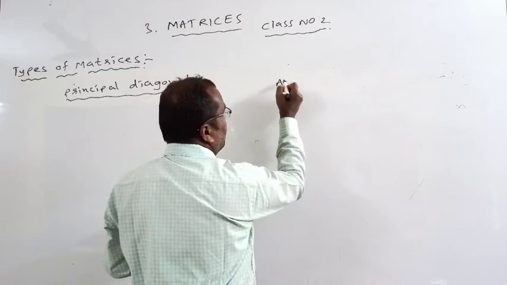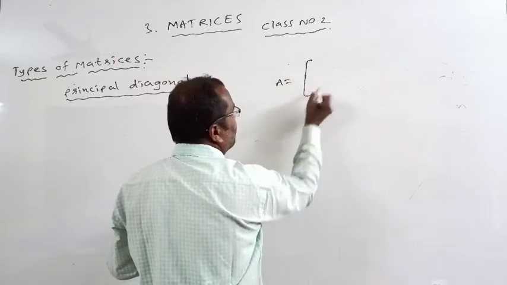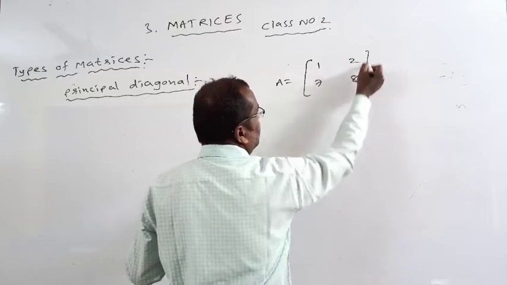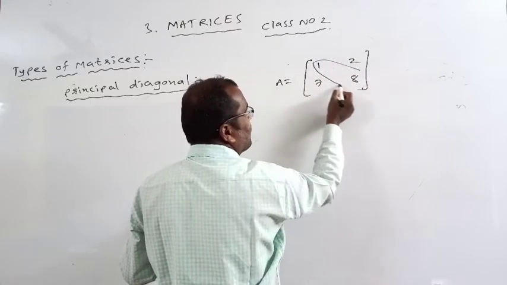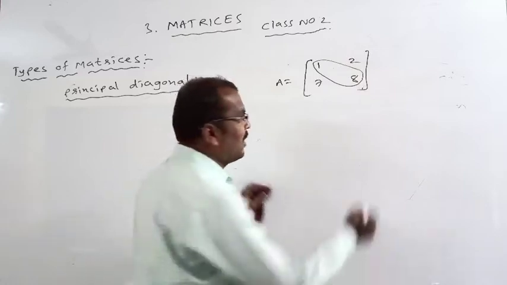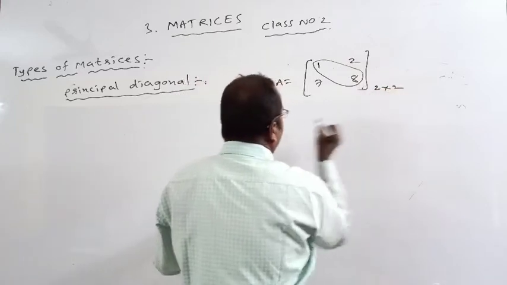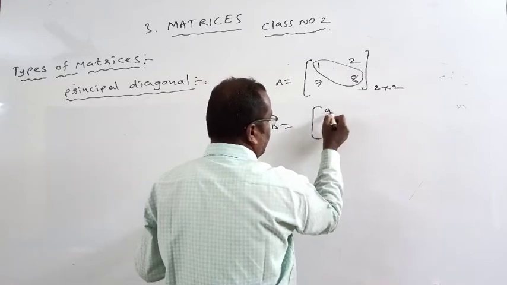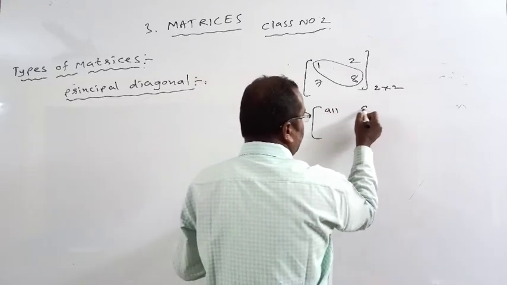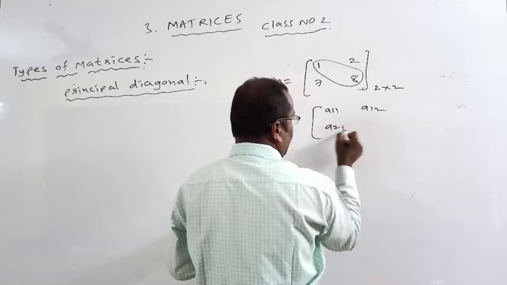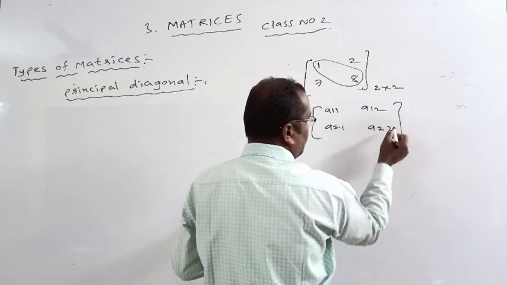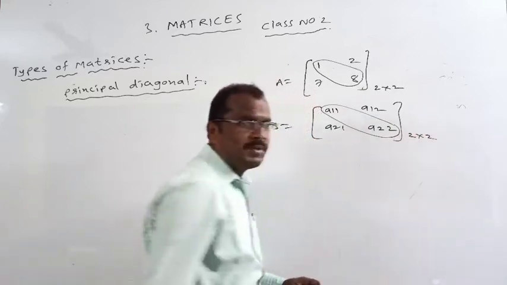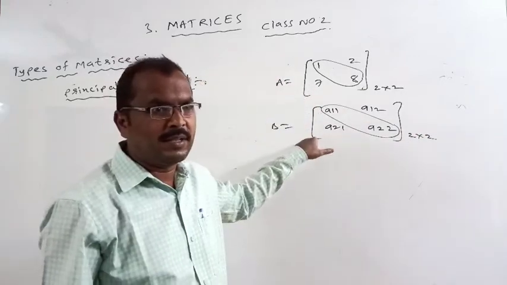For example, A is equal to 1, 2, 7, 8. So this diagonal is said to be principal diagonal. Here order is 2 cross 2. Now taking B is equal to A11, A12, A21, A22. So this diagonal is said to be principal diagonal. Both are same, no? Just I am changing the numbers inside the matrix.